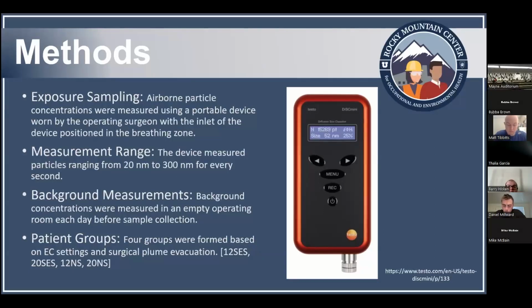Patients were put in 4 groups according to the setting and the use of the evacuation system for the smoke or not. So 12 watts with the evacuation, 20 with the evacuation, 12 without, and 20 without.